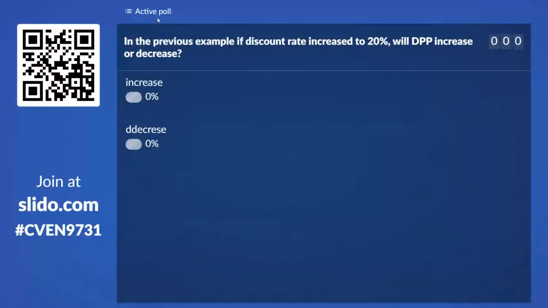Okay, so in the previous example, if the discount rate increases to 20%, will the discounted payback period increase or decrease?